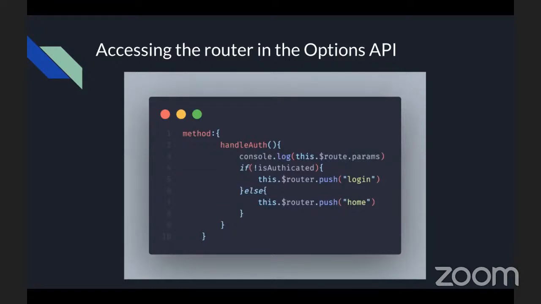For you to access the router, you have to do this.$router.push, or anything that you want to do on the router, you have to access it through this.$router. This is because the whole Vue.js application was just one big object, which is the this, and it has a lot of properties that have been injected into it.